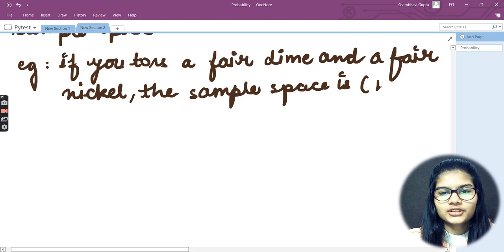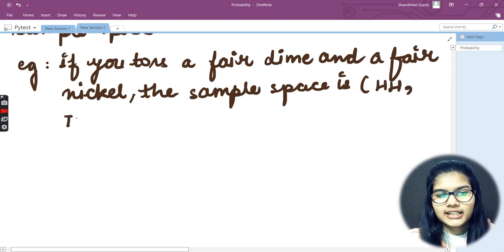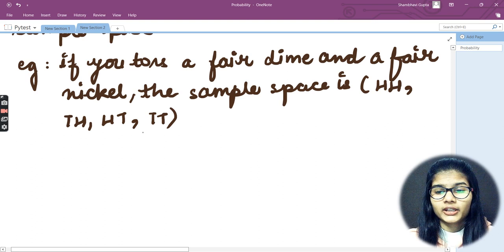What's my sample space? It will be HH, HT, TH, TT, right? This is the sample space which occurs if you toss the coins.